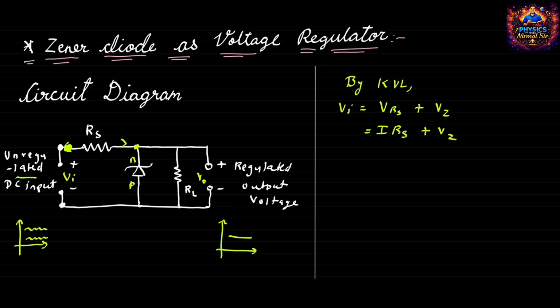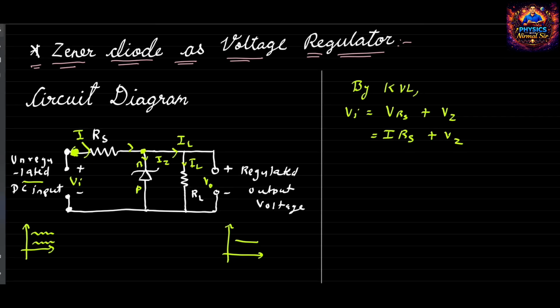Now here current I will pass through the resistance. A small part of the current will pass through the Zener diode and the remaining part will pass through IL, that is the load. Clear? So we can say the total current I is equal to Iz plus IL, right? Now we have Vi is equal to I Rs plus Vz.